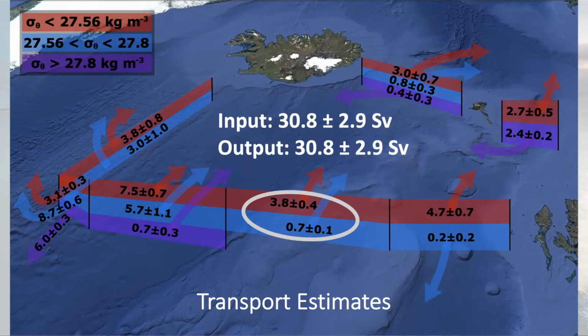And our final number was about 30 sverdrups of total input and output to balance our mass budget in this region. So with that done, we were able to then take a look at overturning in the eastern subpolar gyre.